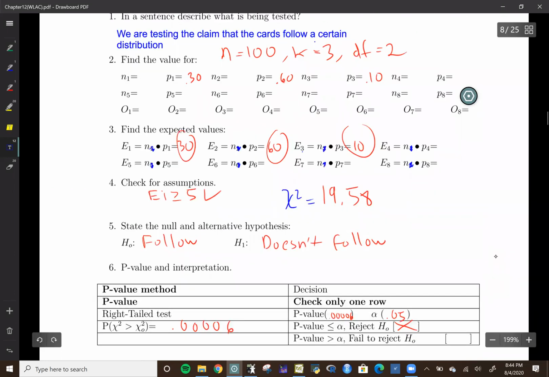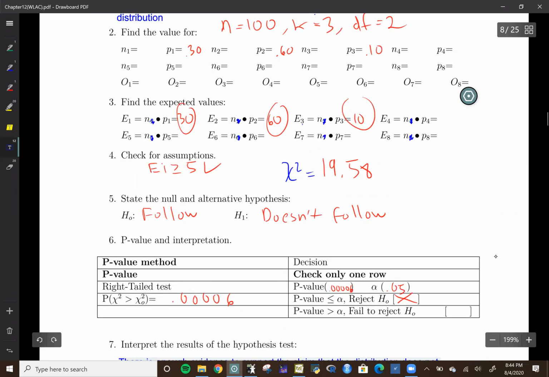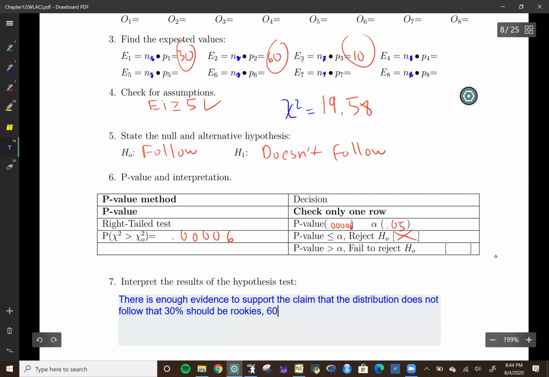I think 60% should be veterans. Yeah. 60% should be veterans and 10% should be all-stars.